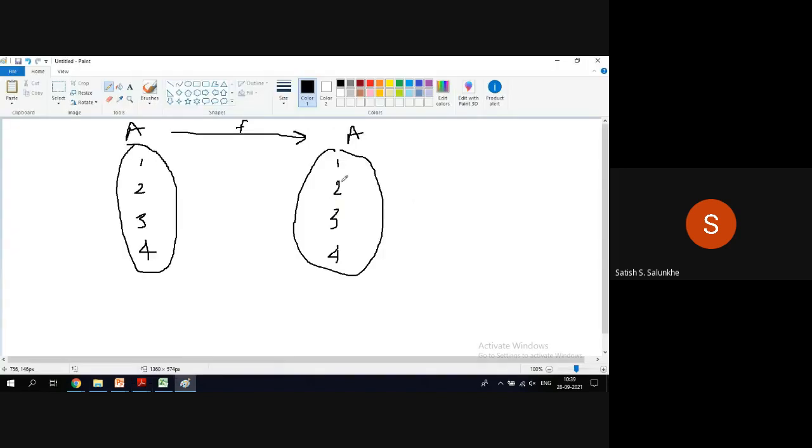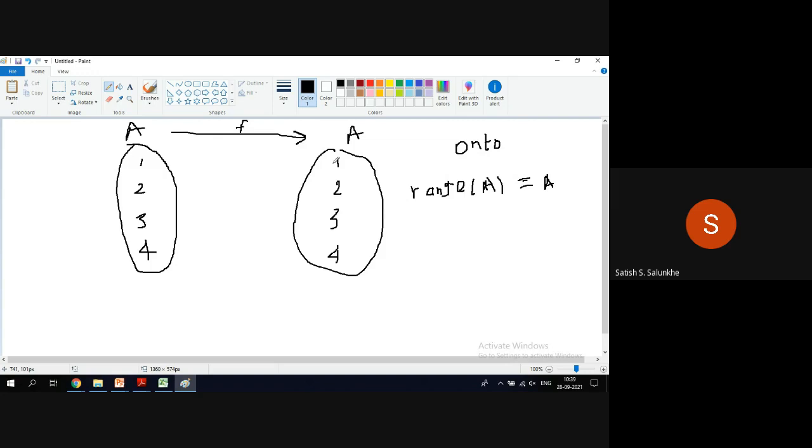So if your f is an onto function, what is the meaning of onto function? That your range is equal to codomain. Range of A is equal to A. Codomain is A. When your range of A is equal to codomain, then it is an onto function. So what does it mean?